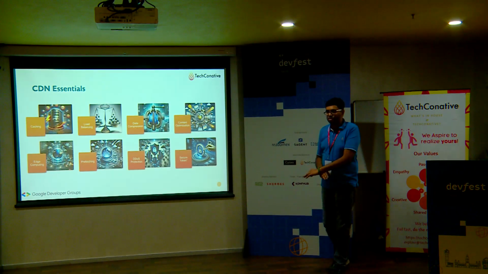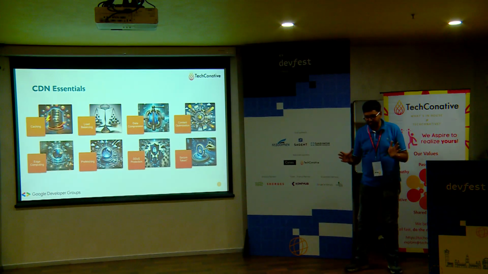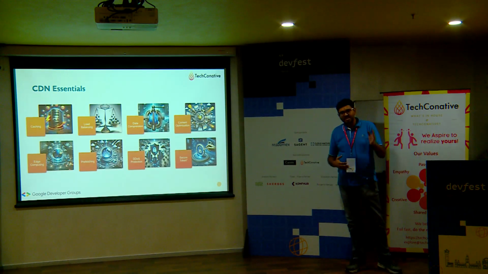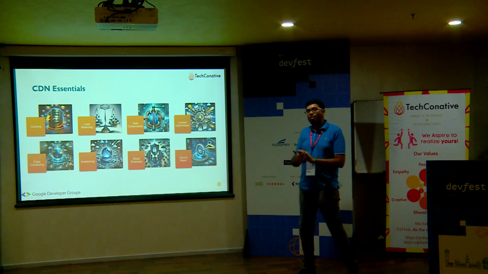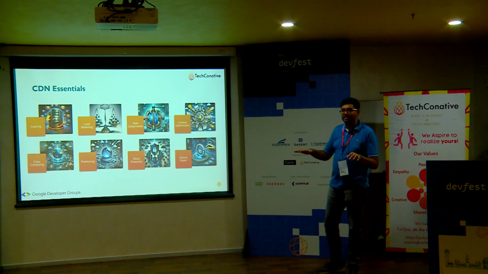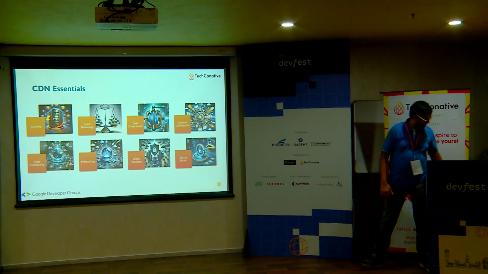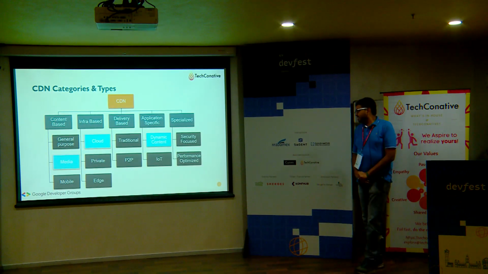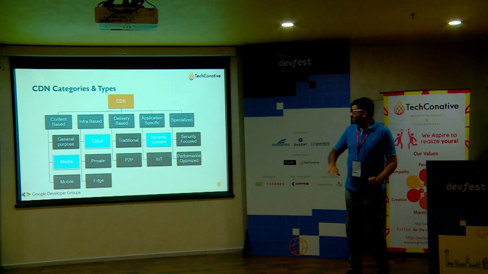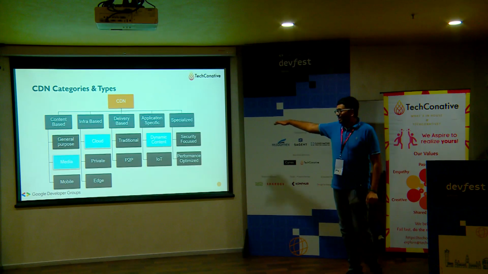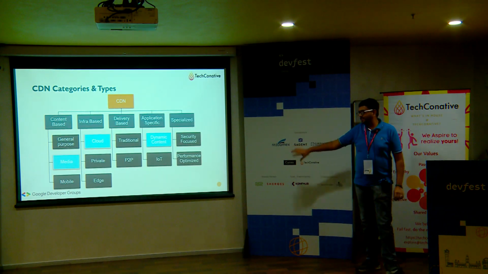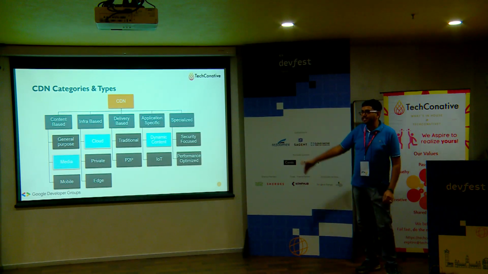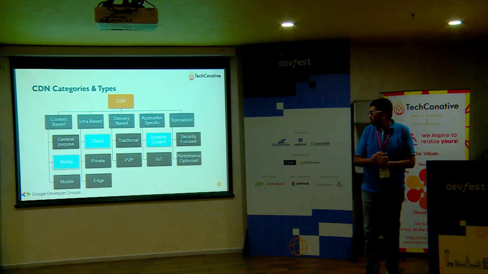Now I'll go on to the next thing in CDN: how the CDNs are categorized and what the types of CDNs are in today's context. So the first layer is more about the categories, and I have listed what the types under each category are.